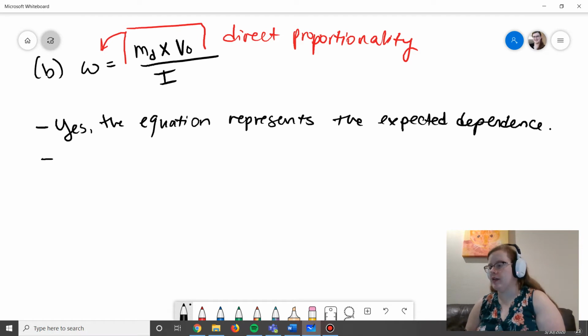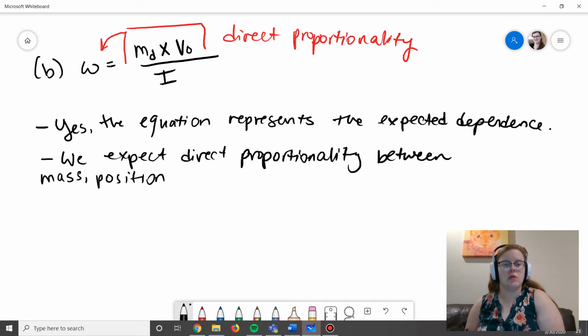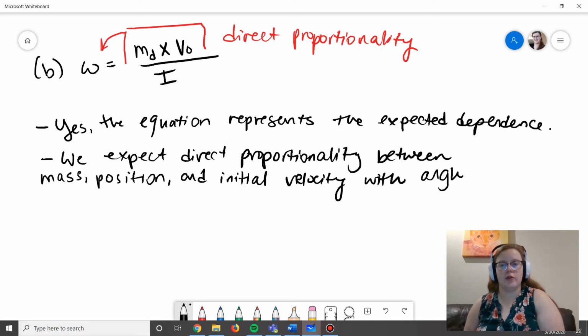So my justification for that: we expect direct proportionality between mass and initial velocity with angular speed, and this equation exhibits that.